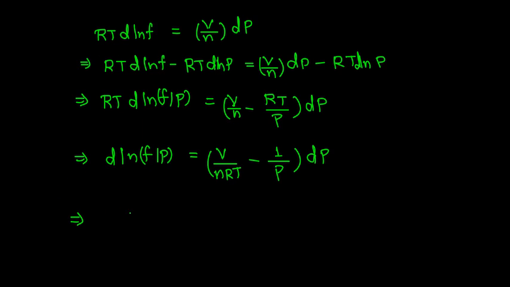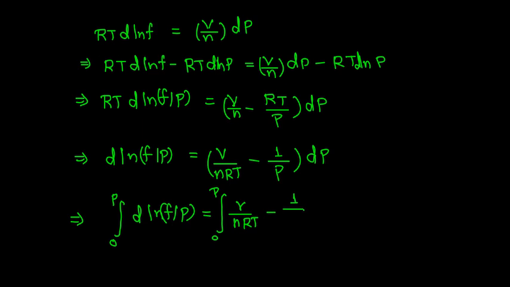So what I get is integrating from 0 to P, d of ln (f over P) equals integration from 0 to P of (V over nRT minus 1 over P) dP, and I can use this process to evaluate my fugacity, but we find a quantity here, f by P. Okay, this is f over P.